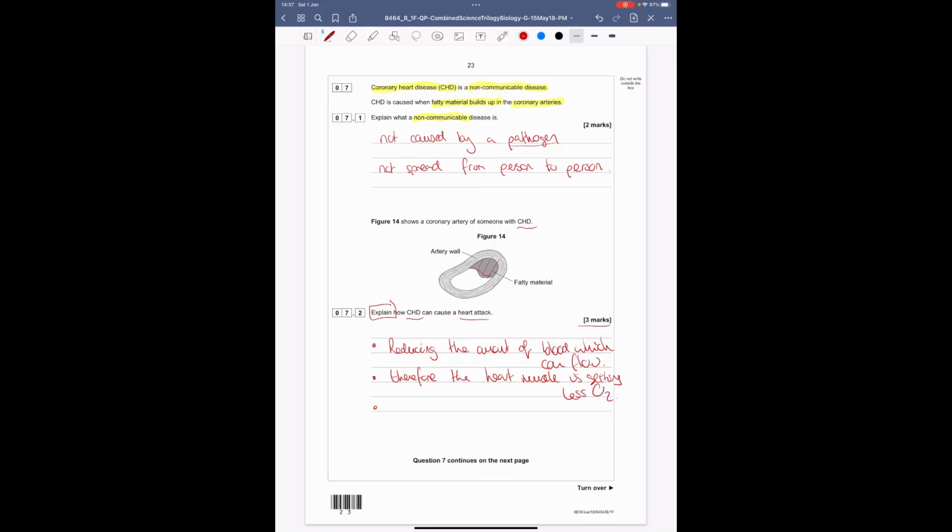Now, if it's getting less oxygen, it's therefore not going to be able to respire effectively and therefore get enough energy. Less respiration and energy, and without those things, that would cause a heart attack to occur.